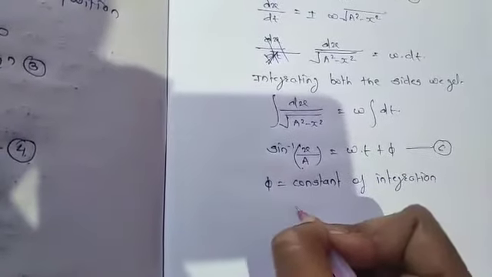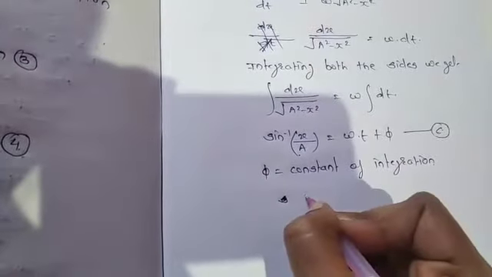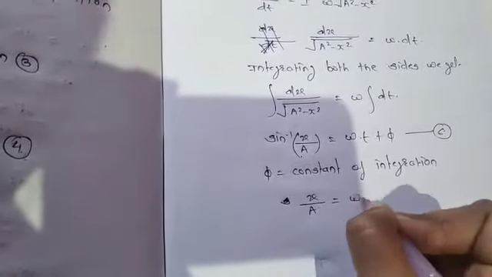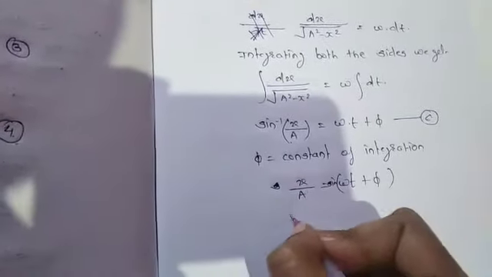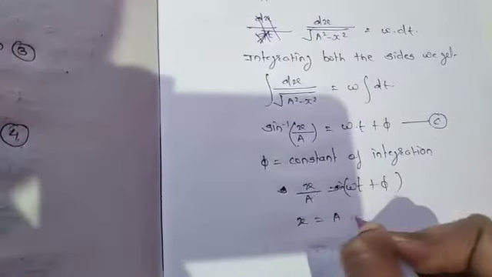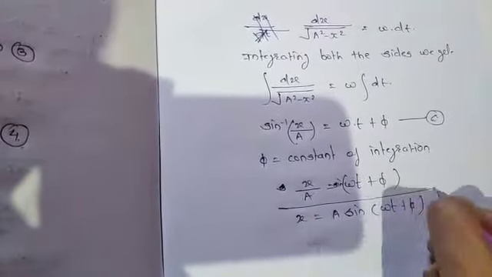Therefore, we can write this equation as sine inverse of x by a is equal to omega t plus phi, that is x is equal to a into sine of omega t plus phi. This is equation number 7.